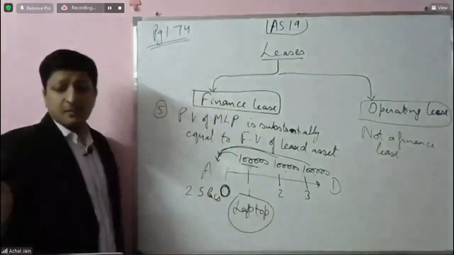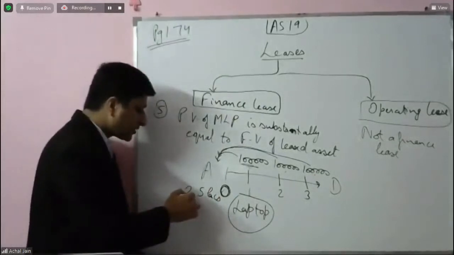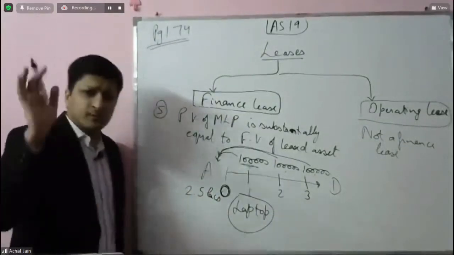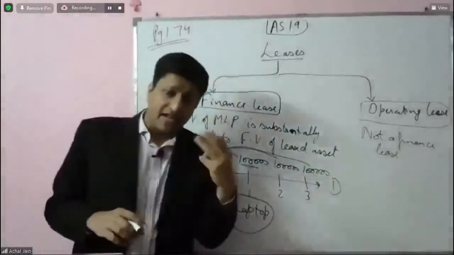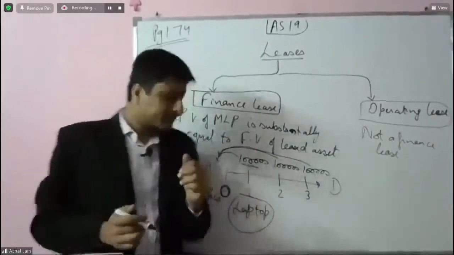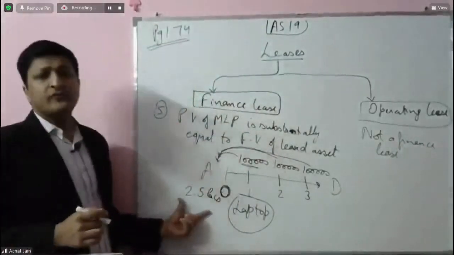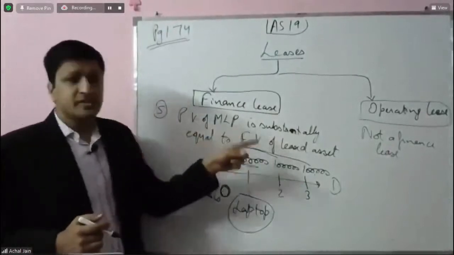It's only an example. Please don't get into its computation. I'm saying, let's assume the present value of these 3 payments of 1 lakh each after year 1, year 2, year 3 comes out to 2.5 lakhs. So what do we call it? Present value of minimum lease payments.